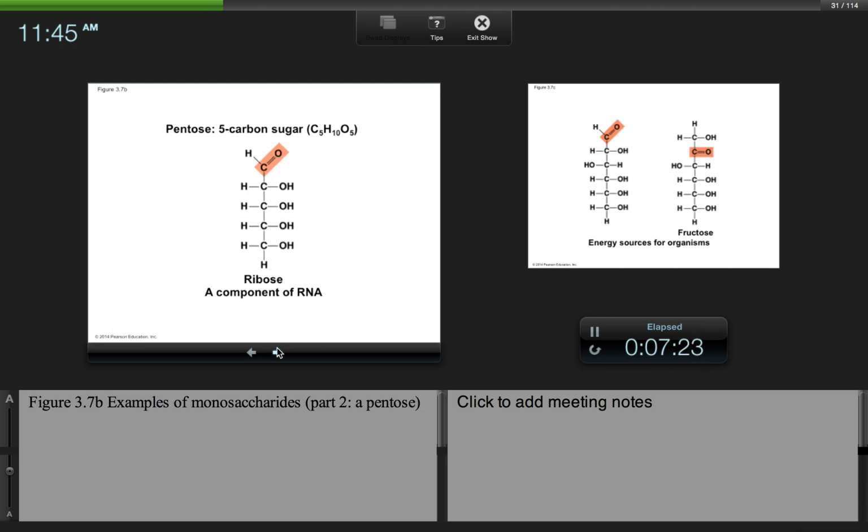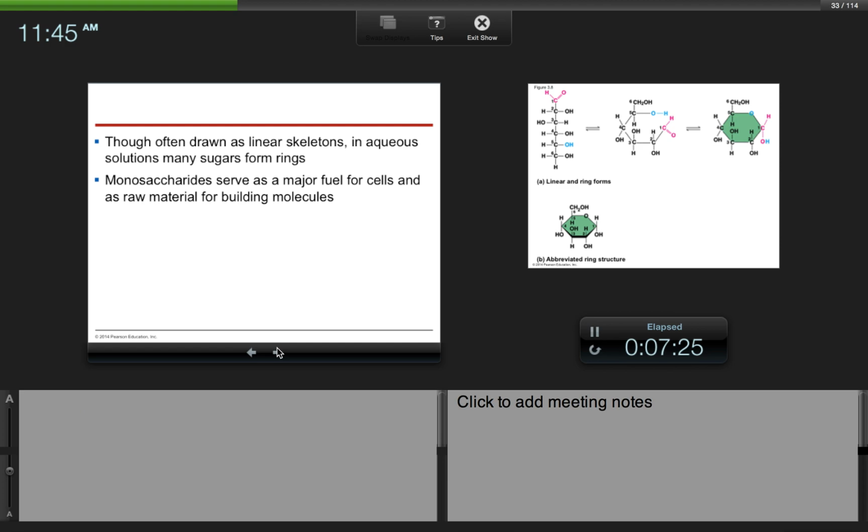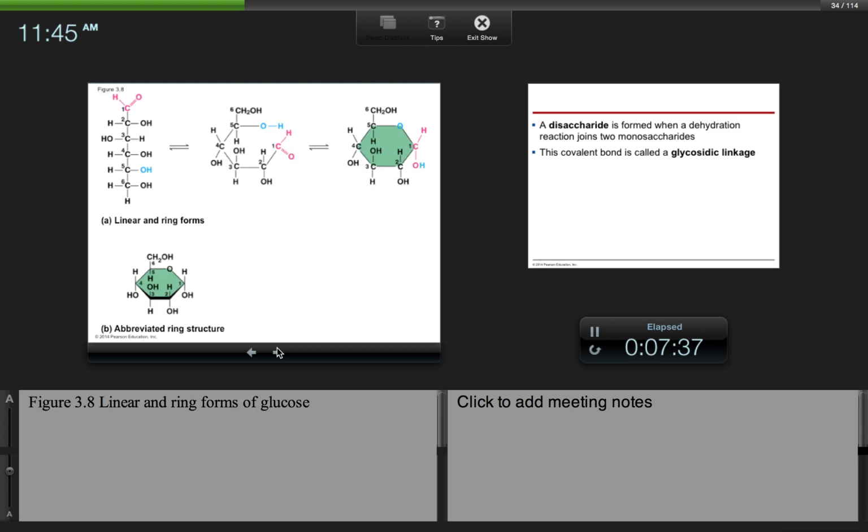And then here we have each of them. Though often drawn as linear skeletons, in aqueous solutions, many sugars form rings. Monosaccharides serve as a major fuel for cells and as raw material for building molecules. Okay, so here we have the linear form of glucose, and then when you put it with water, it forms this ring structure.